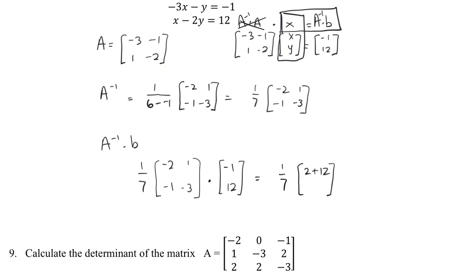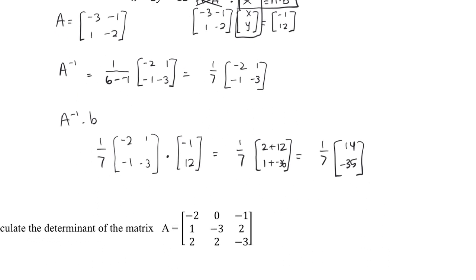The next one's going to be row 2, column 1. So this is -1 times -1. And then we have -3 times 12, which is -36. So that's 14.